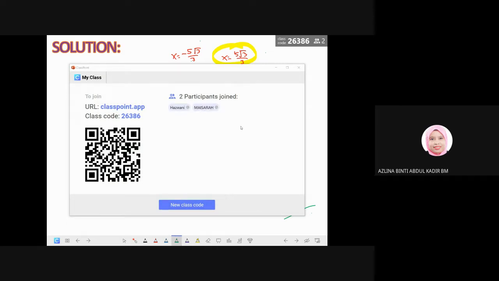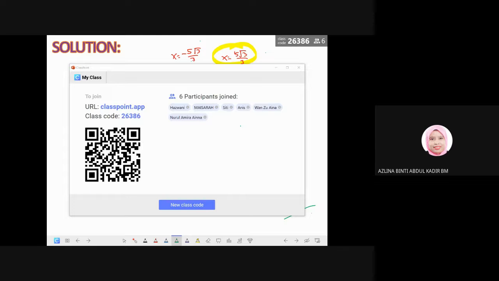Hazwani, Maisara. Line kat rumah laju tak? Laju madam. Laju lah compare daripada college ni. Bahagia awak dia. Cepat.